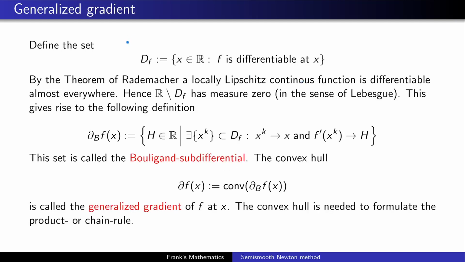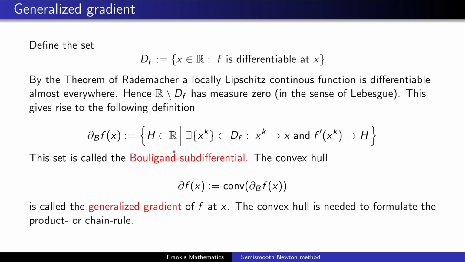A little bit more advanced here: if you know that you have a locally Lipschitz function, you know by the theorem of Rademacher that the function is differentiable almost everywhere. This means that the set R minus the points where f is differentiable has measure 0, in the sense of Lebesgue, of course.